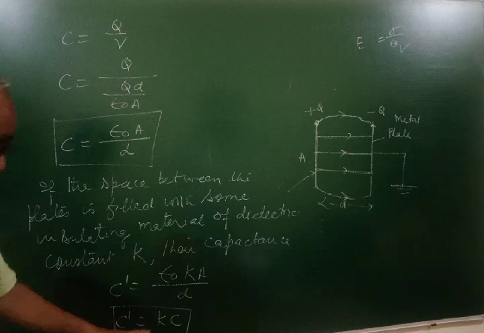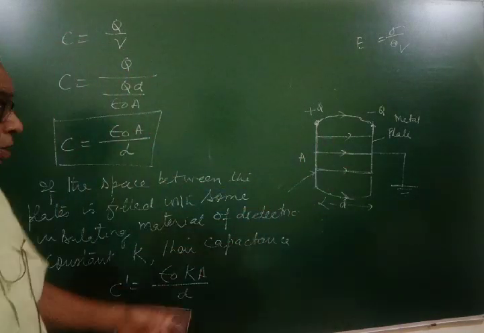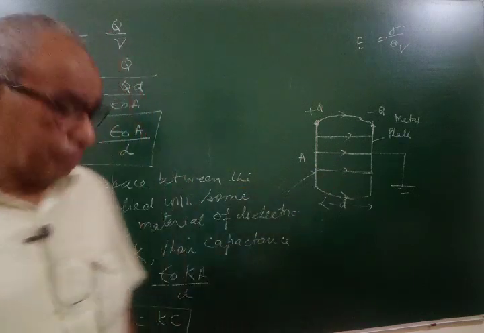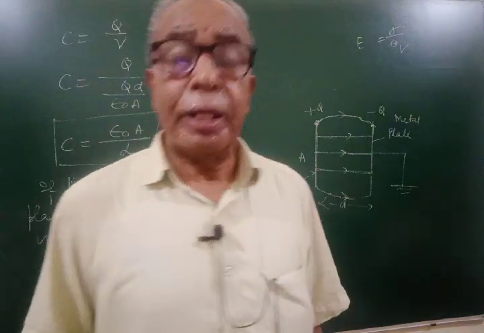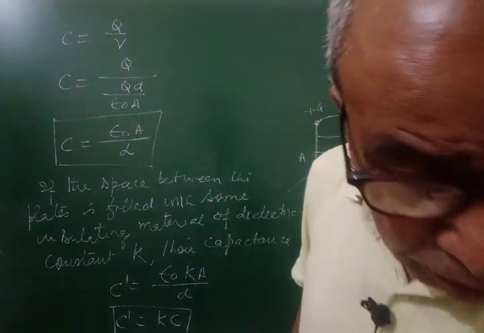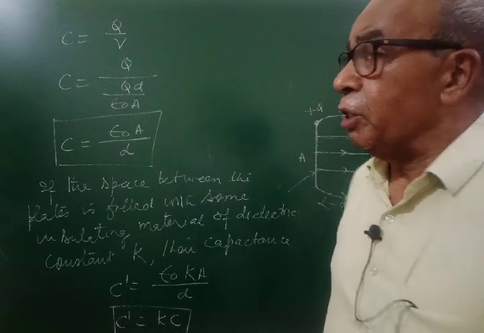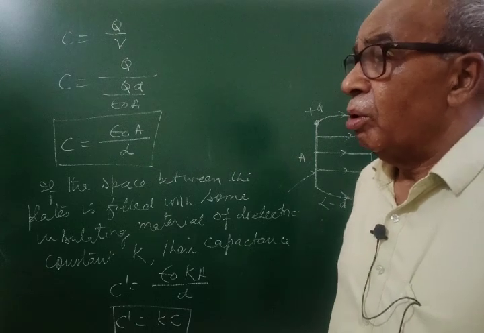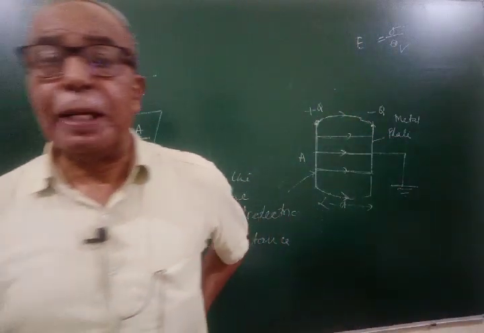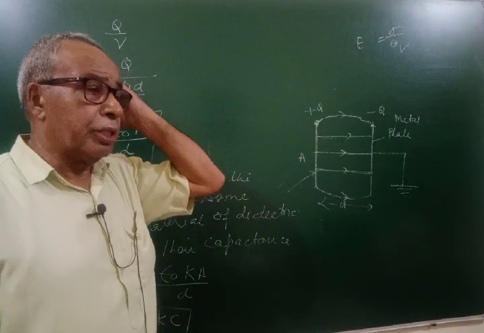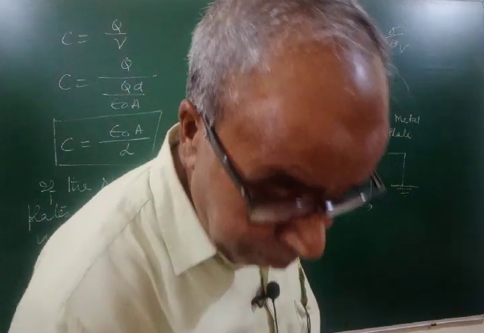We can fill up the space between plates with a material having a large value of K. The dielectrics or insulators are now used in gel form, and in our book there is a note that up to 1 millifarad we have constructed parallel plate capacitors. Otherwise, these capacitors have capacitance of the order of microfarad or nanofarad.